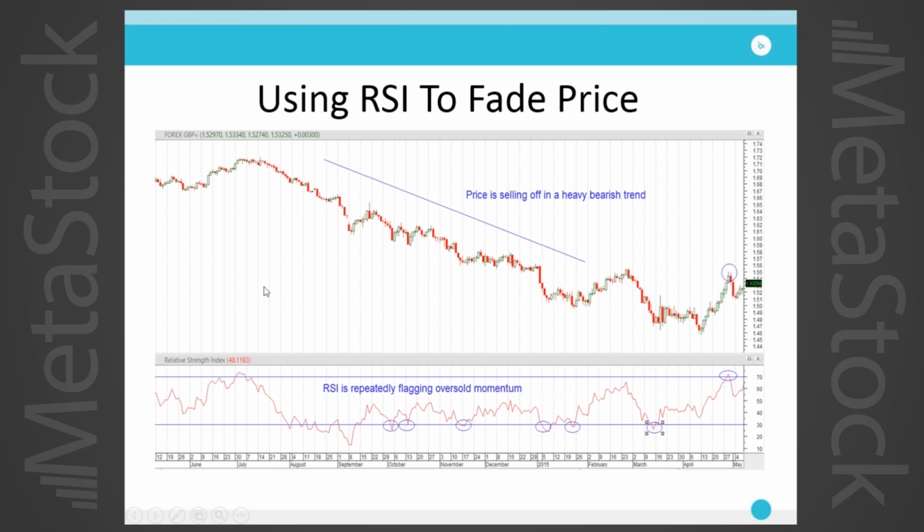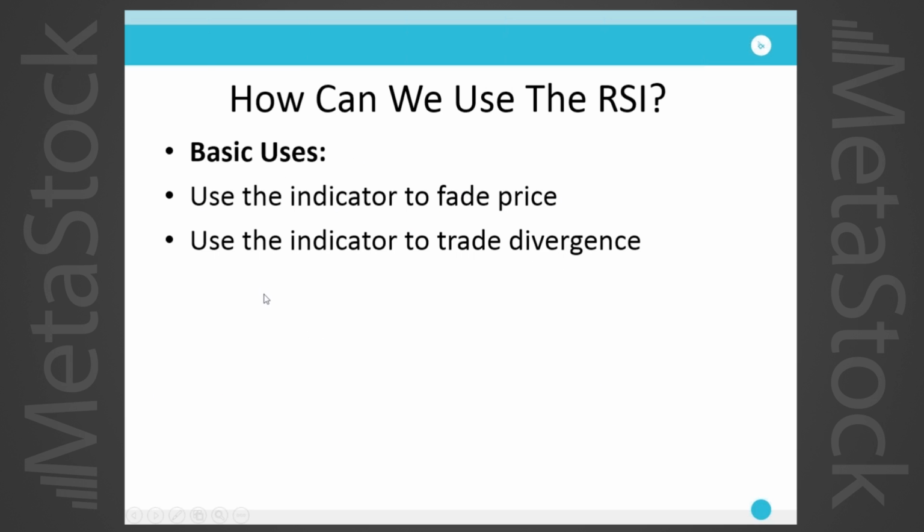Okay, so going back to the uses of RSI, another way that we can look to use the RSI indicator is to trade RSI divergence. Now, when we're looking to fade the RSI, remember we're looking for momentum to signal exhaustion by moving into extreme levels.